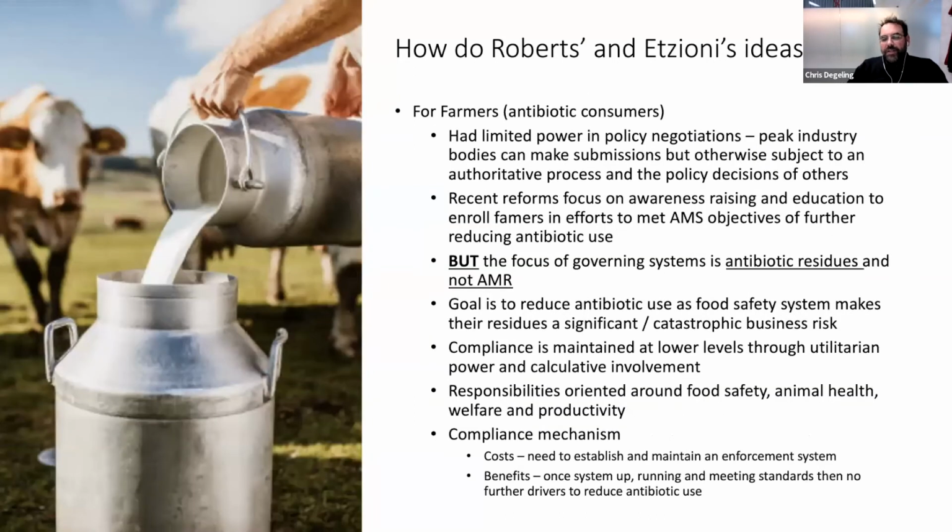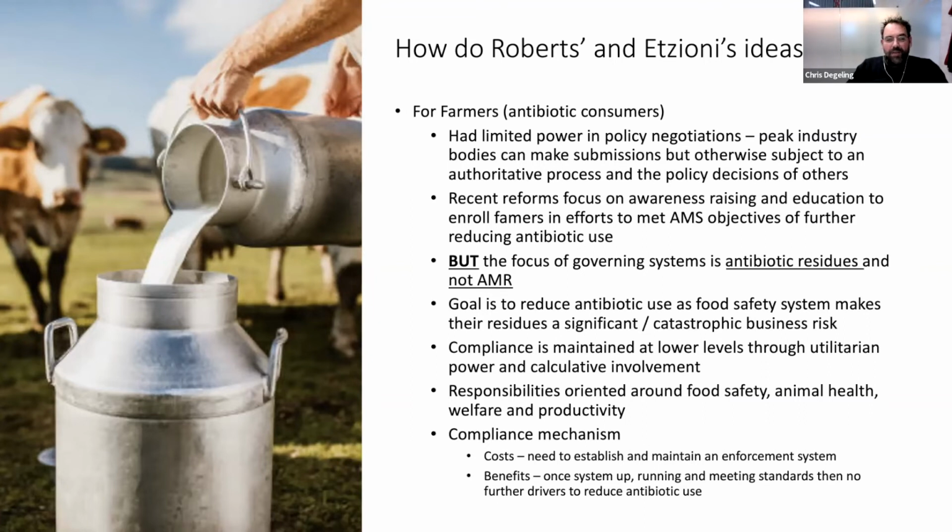For farmers, these same systems on the other side, which mainly fit around the food safety regulations that I pointed to, have a completely different focus. They're focused on antibiotic residues, not AMR.